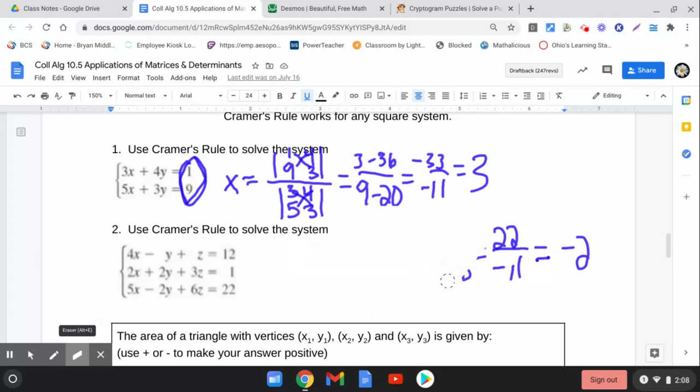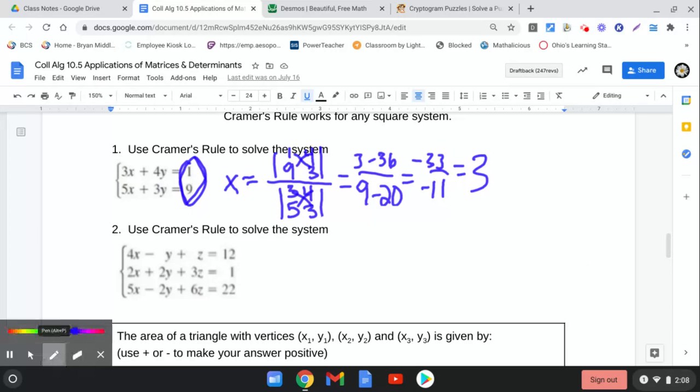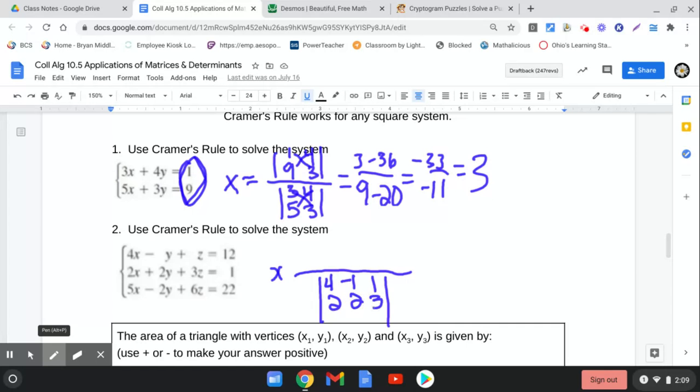So we can also do it with a 3 by 3 system of equations. So let's take a look at that next. So first, to find x, on the bottom, we're going to do the determinant of just the coefficient matrix, 4, 2, 5, negative 1, 2, negative 2, 1, 3, 6.